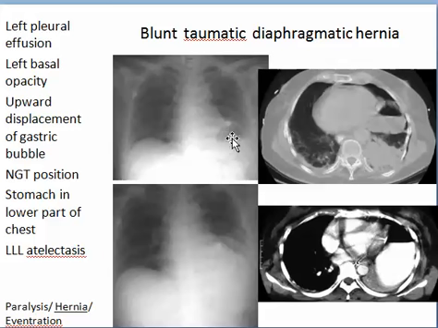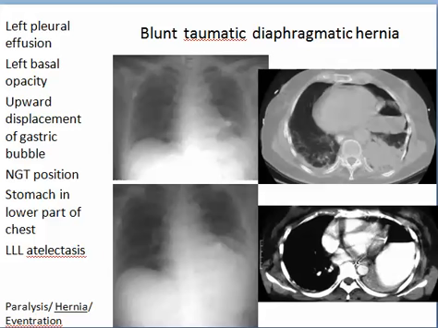Here it is, and there is left lower lobe atelectasis. Mind you that in such cases we have two signs. On the left, the spleen may bulge into the defect showing a waist, or the liver is bulging showing a waist, or the stomach is bulging showing a waist, and this is called the collar sign.